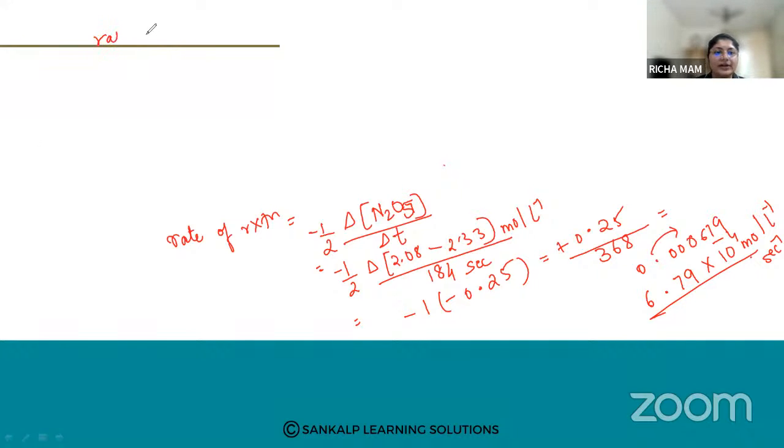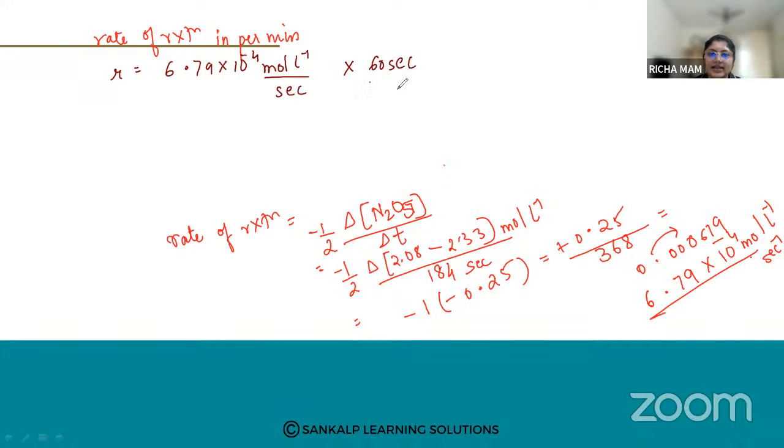Now, rate of reaction in per minute. So how to calculate? Rate is equal to 6.79 into 10 raised to minus 4 mole per liter per second into 60 seconds per minute. 60 seconds is 1 minute, so second and second get cancelled.